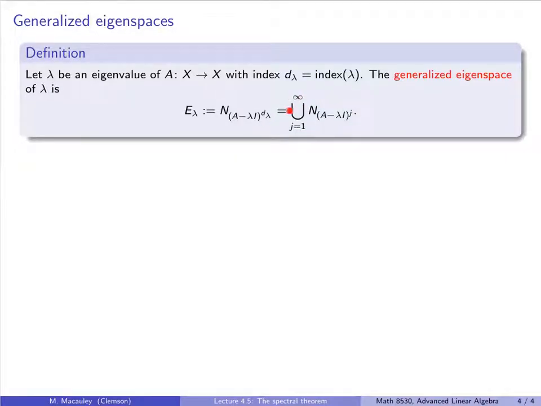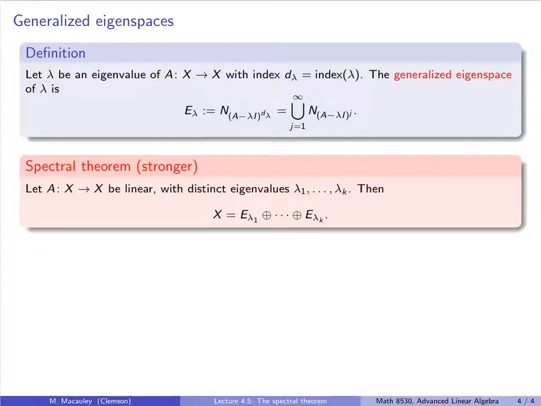Now this is still the better definition because for infinite dimensional spaces, and I will show you one in a couple lectures involving differential operators, sometimes this sequence gets bigger and bigger for all j. In other words, this sequence doesn't stabilize like we saw in our 11-dimensional example.